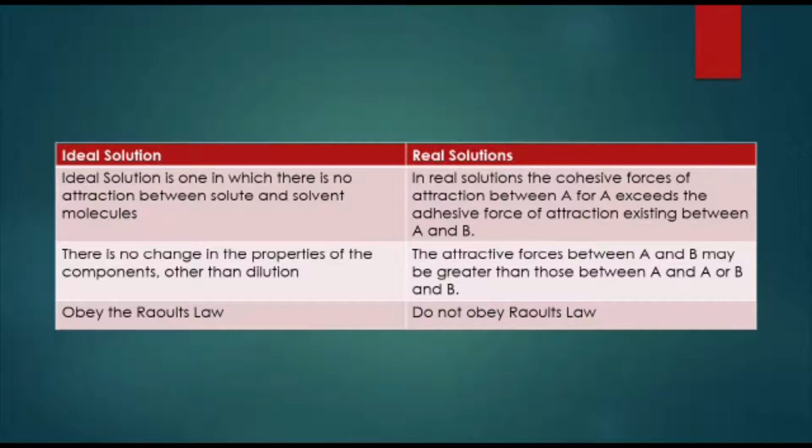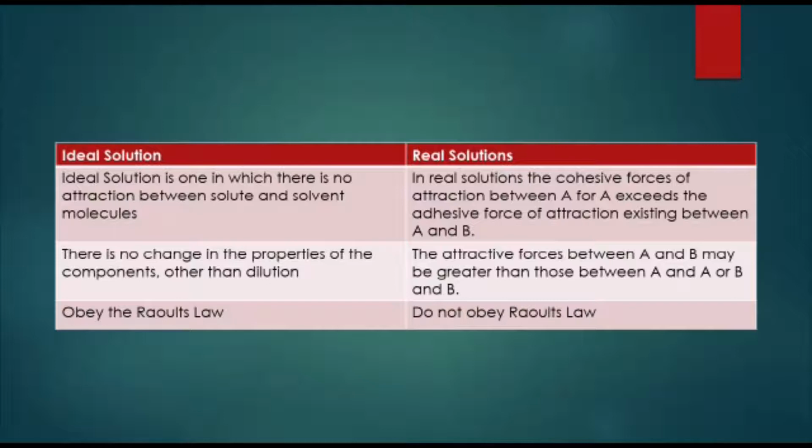And what happens in a real solution is that the attractive forces between A and B may be greater than those between A and A or B and B. So here the force of attraction between the solute and solvent molecules may be greater than the individual force of attraction of the solute or the solvent molecules.